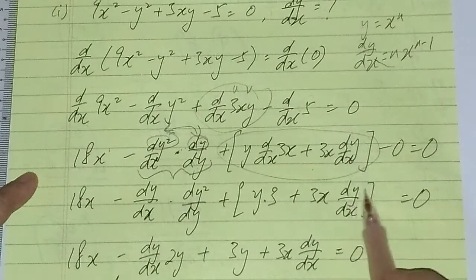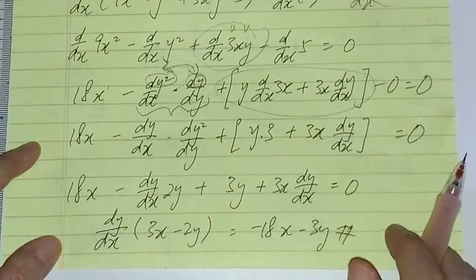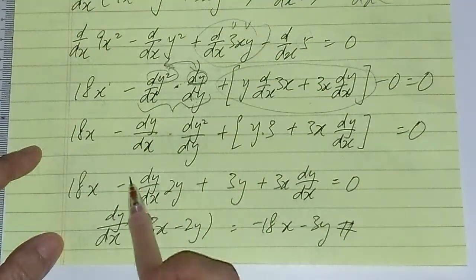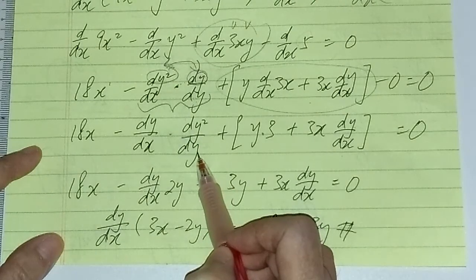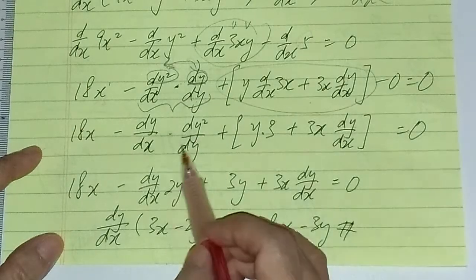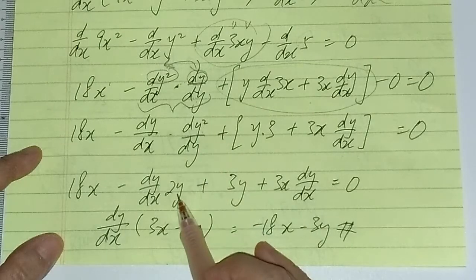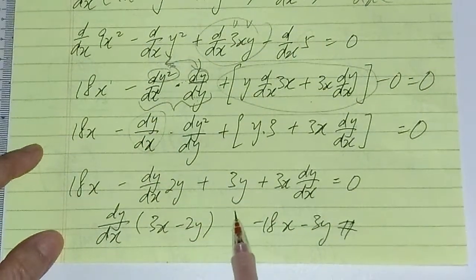Differentiating y squared with respect to y will be 2y, just like differentiating x squared with respect to x is 2x. We keep the dy/dx since we are after dy/dx.